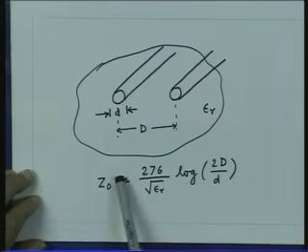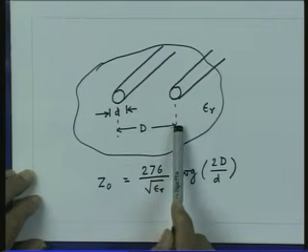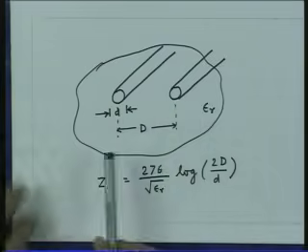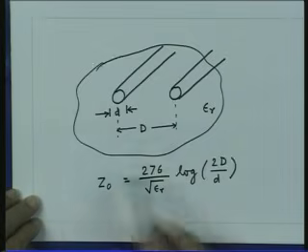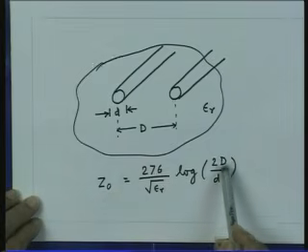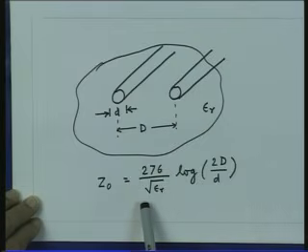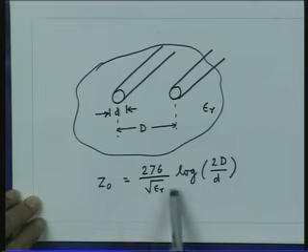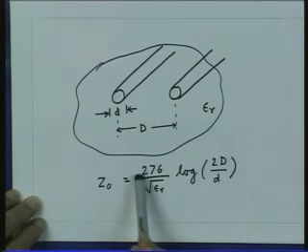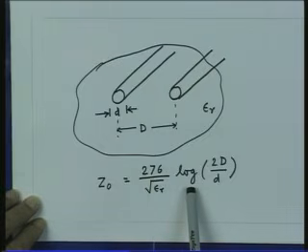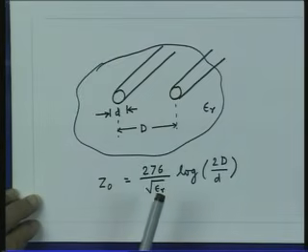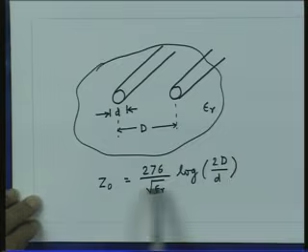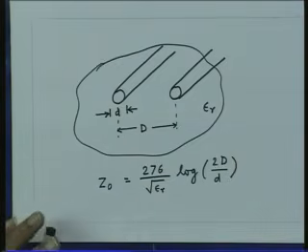One thing immediately one can notice is that D can be made as small as d only. If I bring the two conductors to almost touch each other, then D will be equal to d. So, the minimum impedance which I can see on this line, if I use air as the dielectric, will be 276 log of 2, because D has become equal to d.